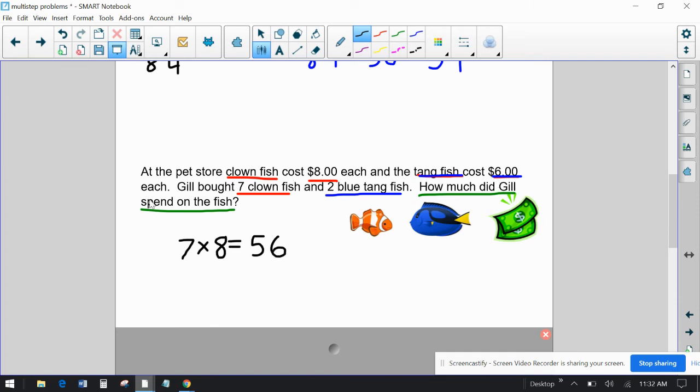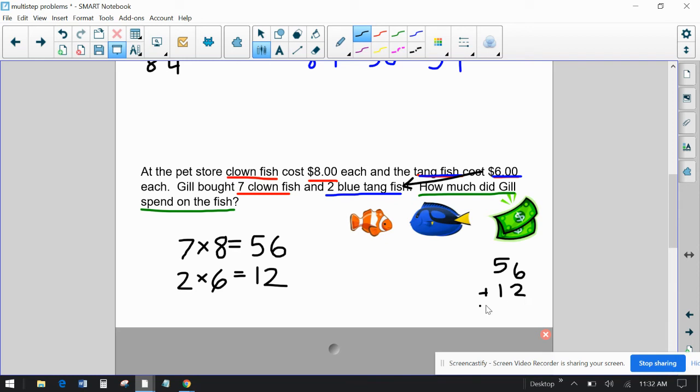Then the tangfish are $6 each. And he bought 2 of those. So this number goes with this number. So 2 times 6 is 12. Keep in mind, I could have done 6 times 2 or 2 times 6. It doesn't matter the order. So then we have to find the sum, which I'll do over here. 56 plus 12.